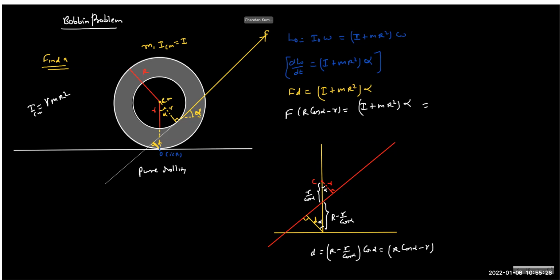If you put gamma, it looks like (gamma plus 1) M R squared alpha, then you get alpha into R. You can just say a is the acceleration of the body. So a is equal to F (R cos alpha minus R) upon M (gamma plus 1) R. This is the expression for the acceleration.